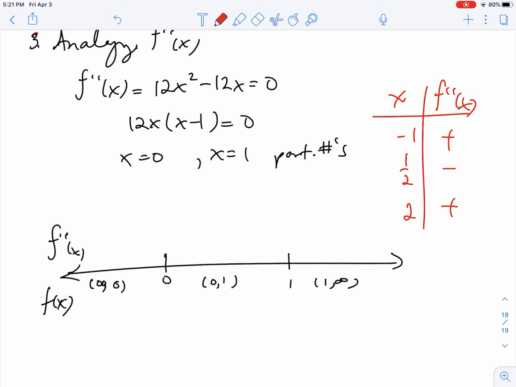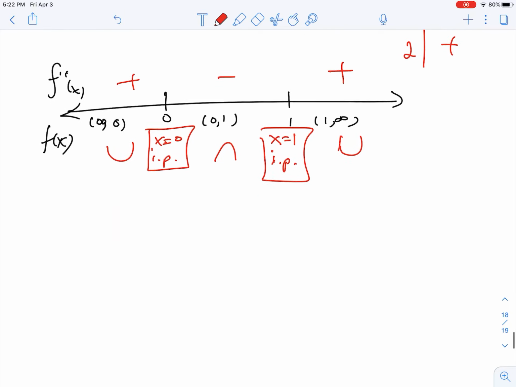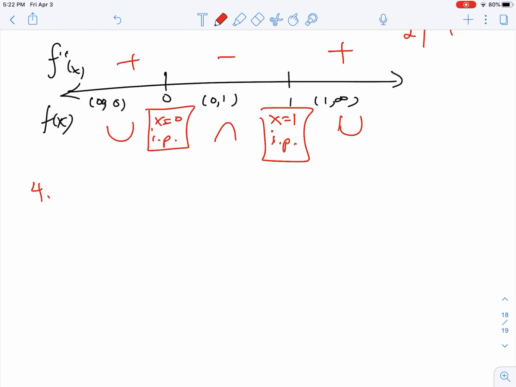Doing so, I get positive, negative, and positive. So it tells me my graph will be concave up, then concave down, and concave up. So since I changed concavity, we know x equals 0 is an inflection point, and x equals 1 is an inflection point.